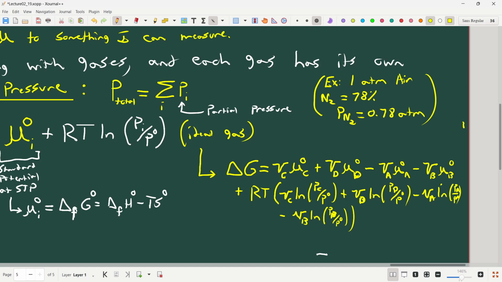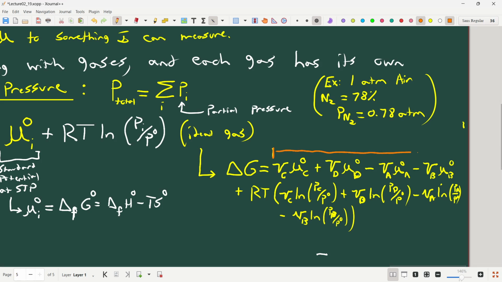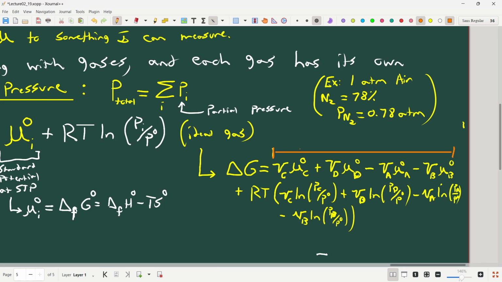But what is this number right here? Well, this is the stoichiometric coefficient. So let me just break this down. Remember that I said that each of the pure chemical potentials is just the Gibbs energy of formation, the things that you calculate from NIST.